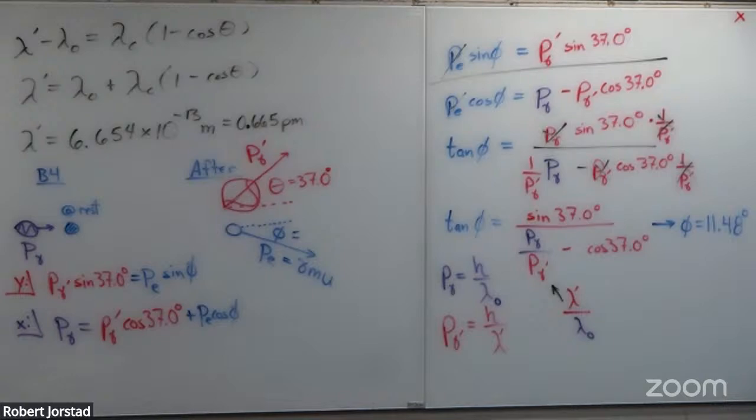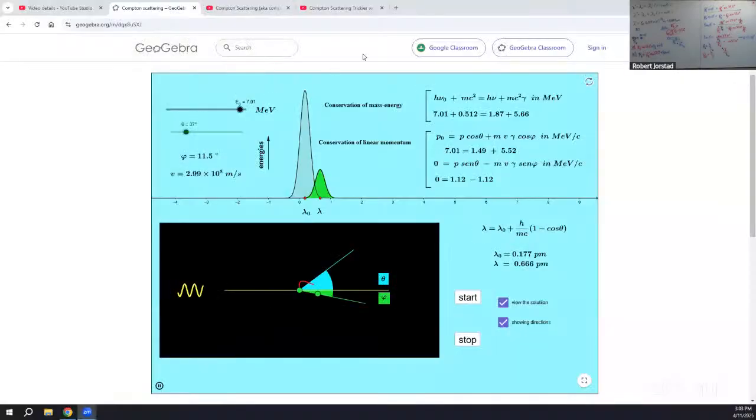To give you a visual here, let's go to the simulation again. The photon comes in, the electron gets scattered down. We've figured out this angle is 11.48, which matches right there. And we knew this angle was 37 degrees; that was our given.